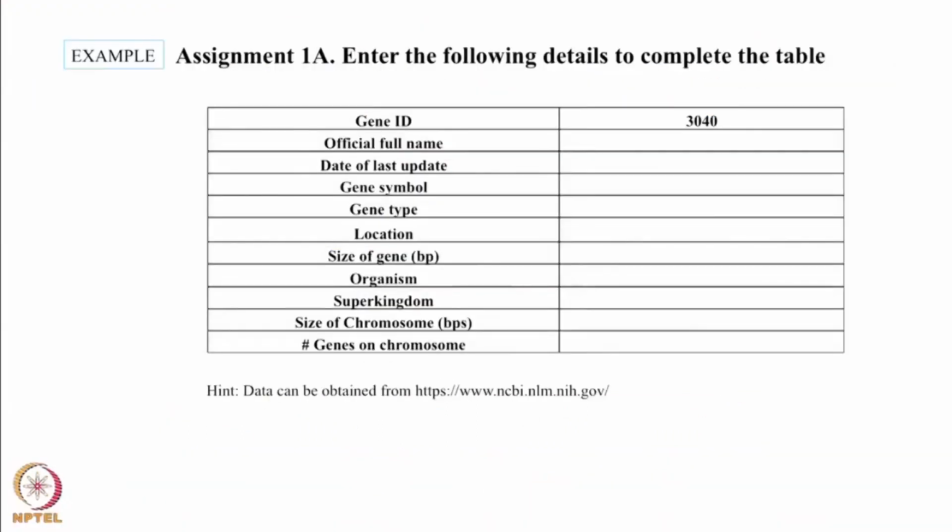Now let's go back to our assignment. What we have is a gene ID 3040. NCBI helped us fill in all these details. The official full name, hemoglobin subunit alpha 2. Date of last update 24 December 2017. The gene symbol is HbA2. It's a protein coding gene.